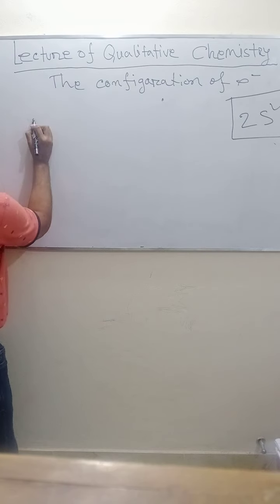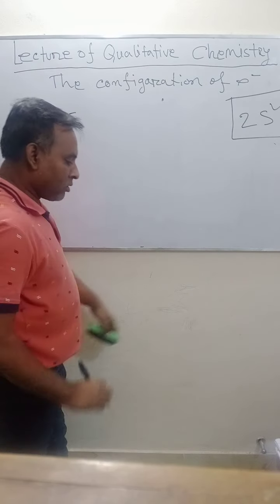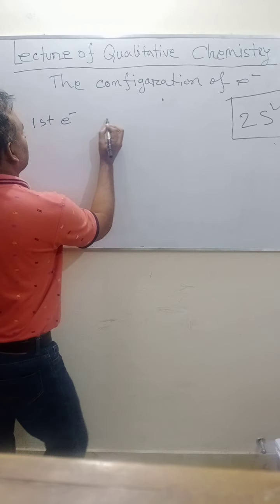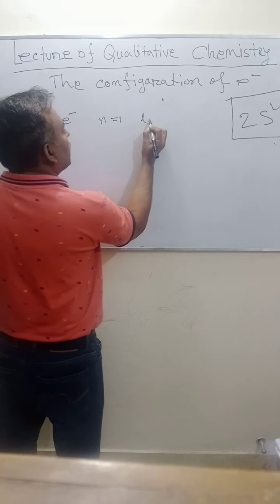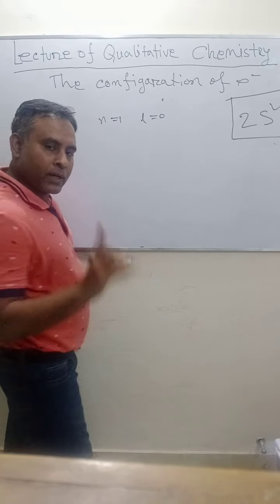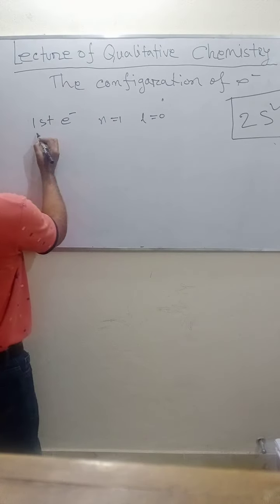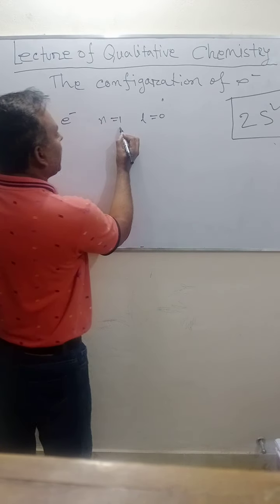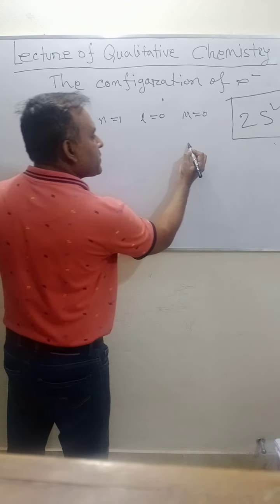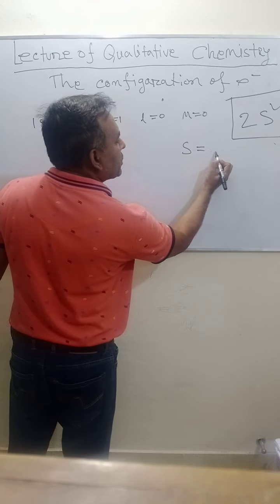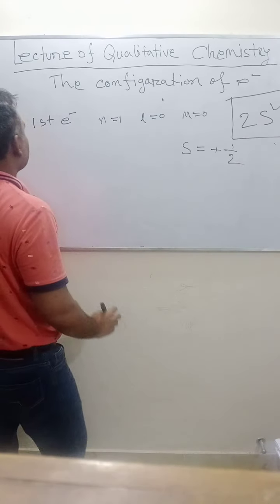For the first electron, n equal to 1, l equal to 0, m equal to 0, but the spin quantum number is plus half. Clear?